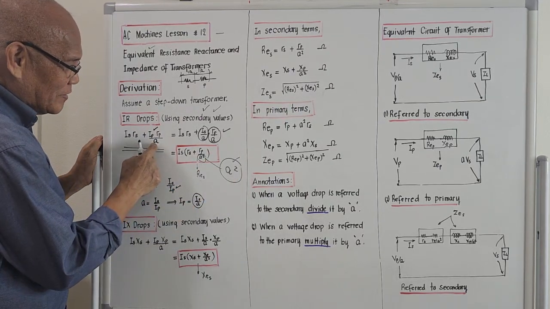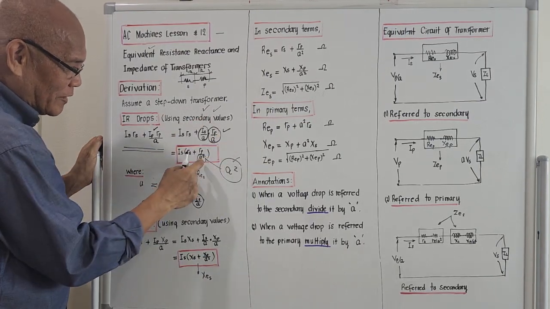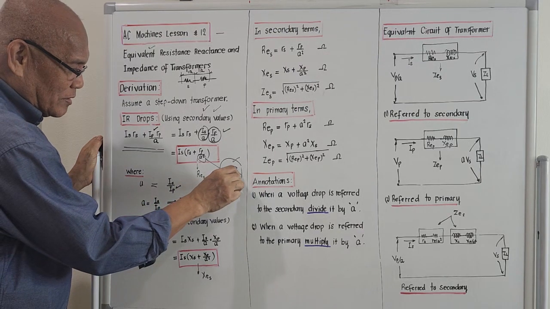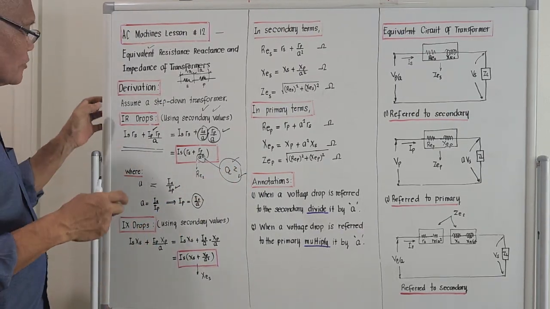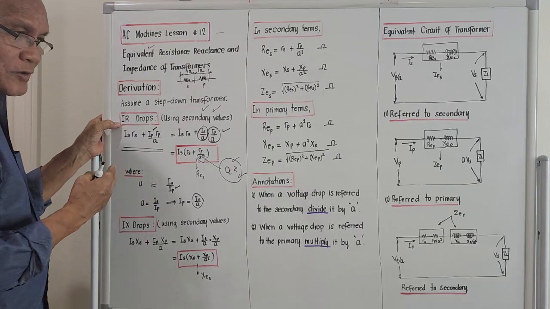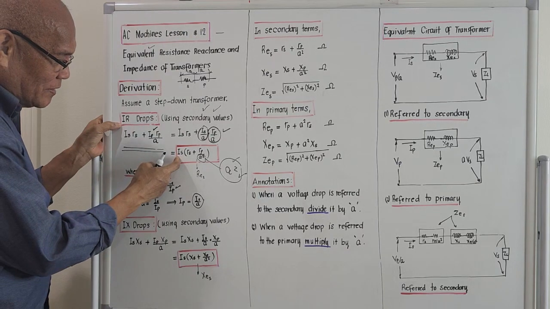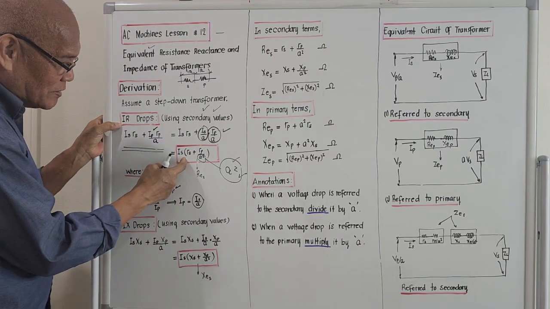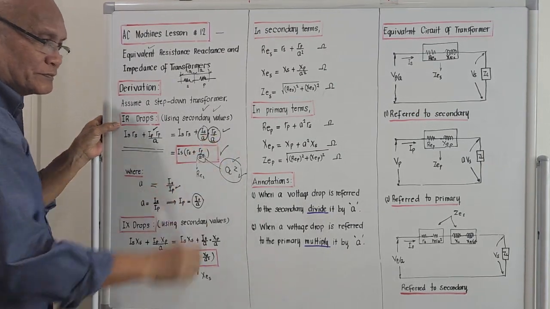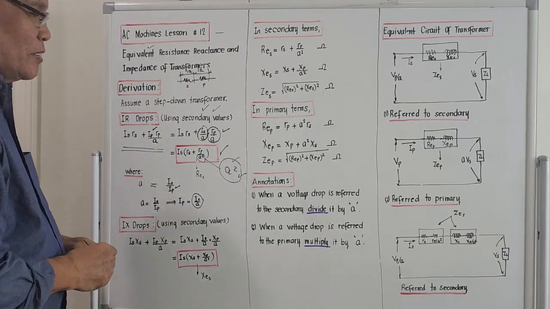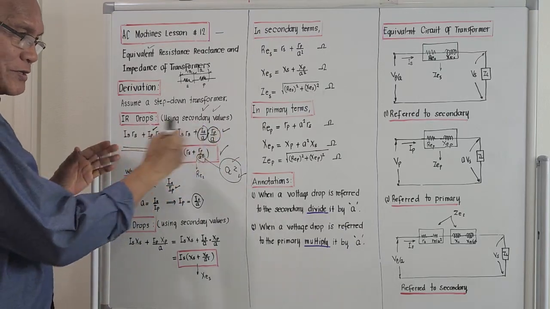So the total IR drop, considering the secondary side, will be IS times the quantity RS plus RP over A square. We can add this now because all values are already referred to the secondary side.